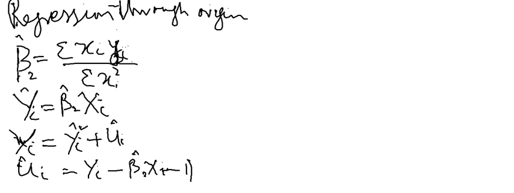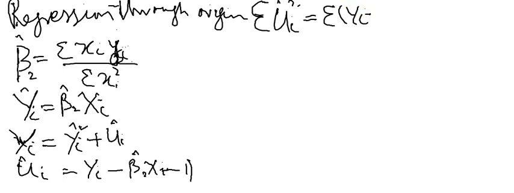summation ui hat square is equals to summation yi minus beta 2 hat xi whole square.